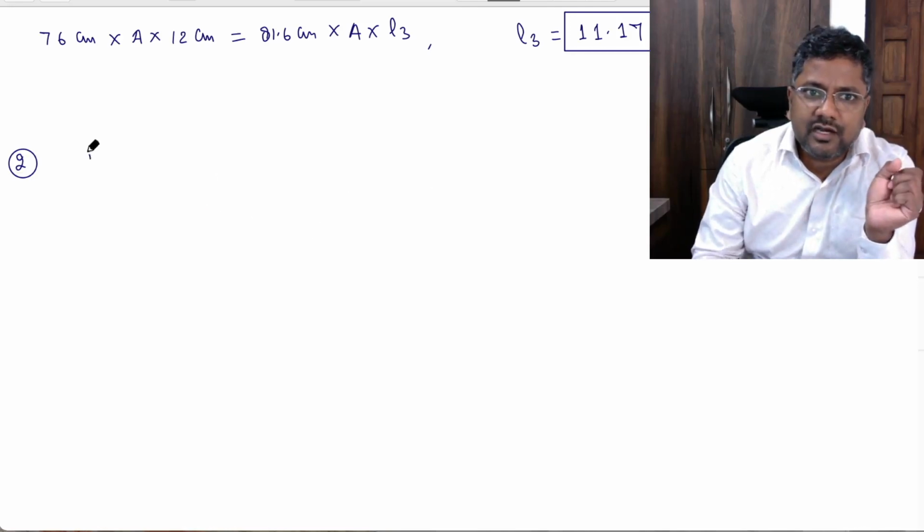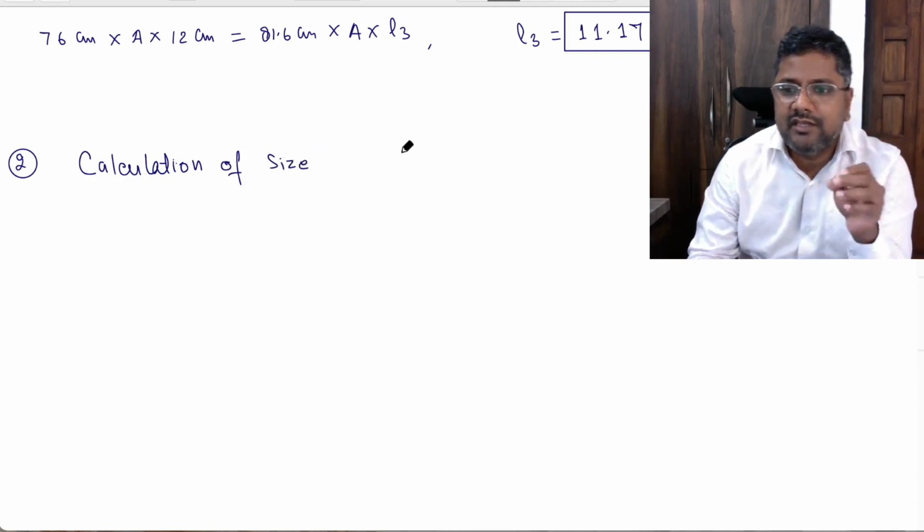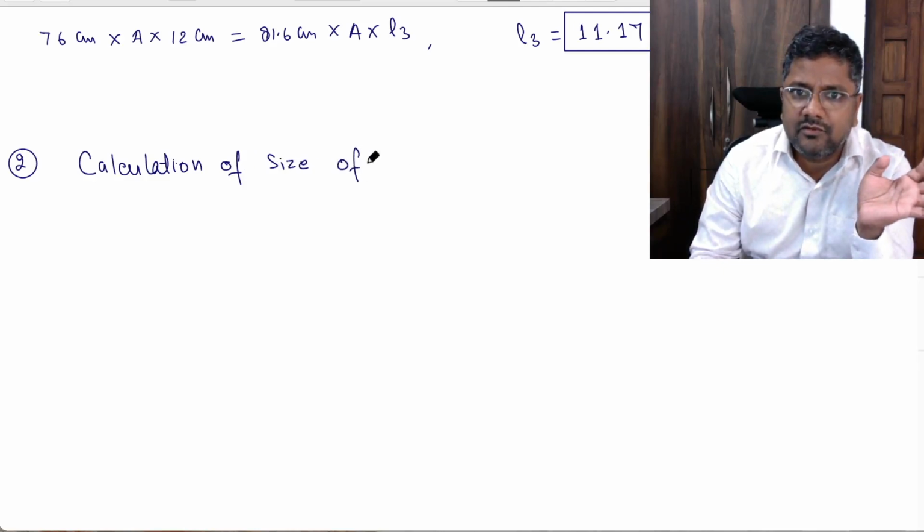So calculation of size, means volume, radius, whatever, size of air bubble.